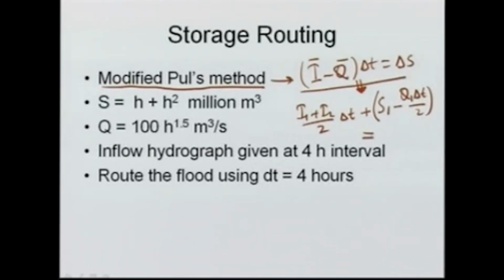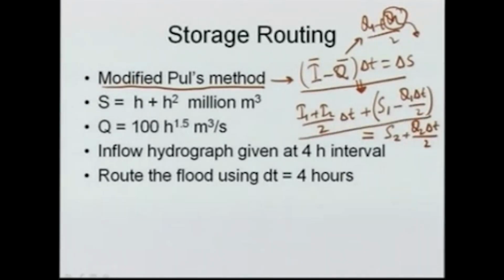This is equated with the unknown, which is S2 plus Q2 delta t by 2. So, what we do is, this Q contains Q1 and Q2. Q2 is not known. So, we transform the equation in such a way that the known quantities come on one side and the unknown on the other side.